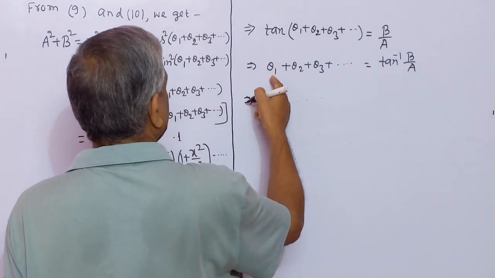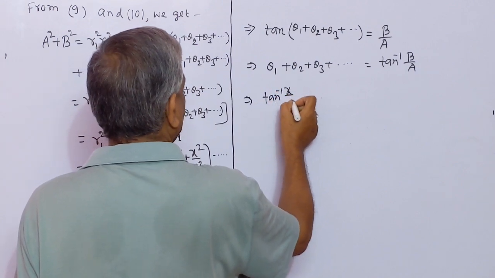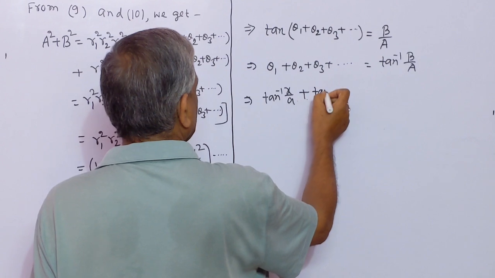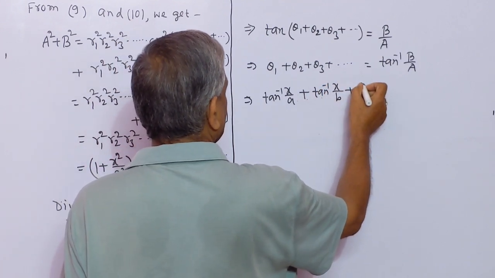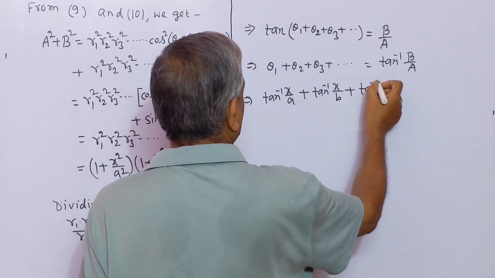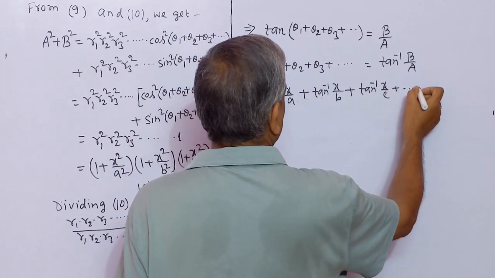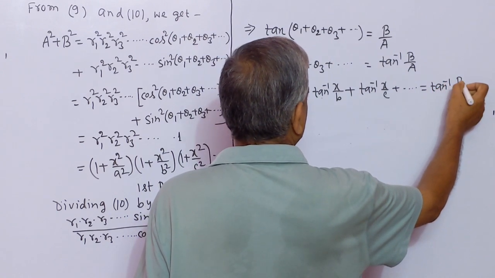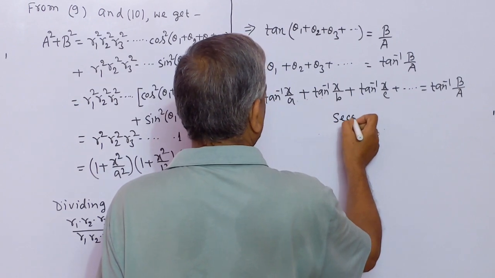This implies that theta 1 is tan inverse x by a, theta 2 is tan inverse x by b, theta 3 is tan inverse x by c, plus ... equal to tan inverse capital B by a. Second part proved.